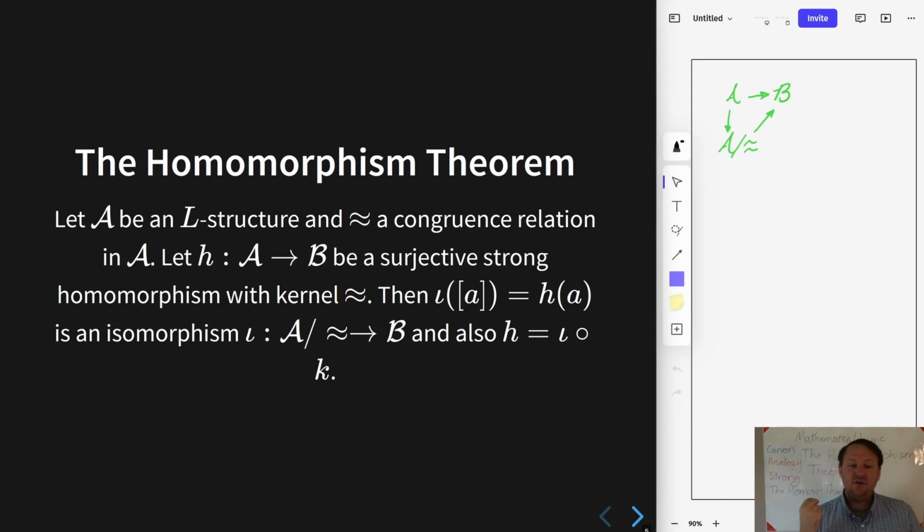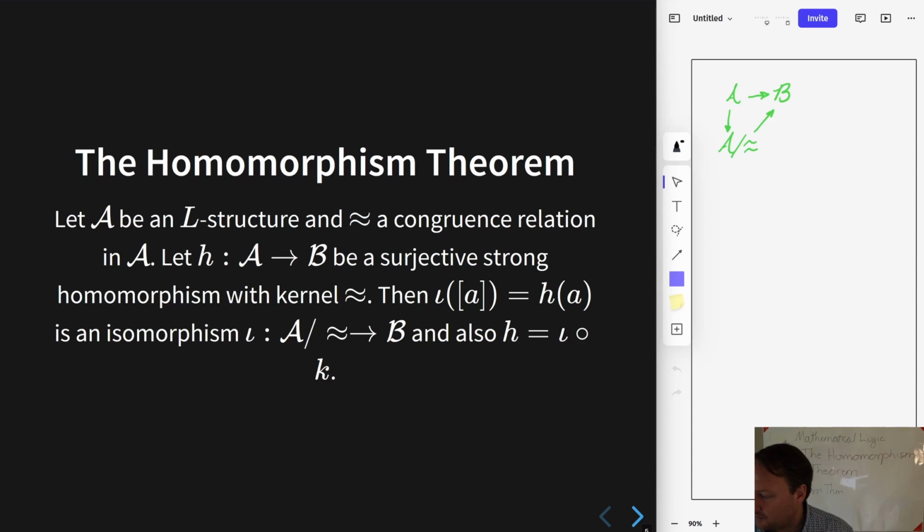So that's the definition of iota, and the claim that we will make here is that iota is an isomorphism, and also that H is actually the same thing as if you first pass through K and then pass through iota.